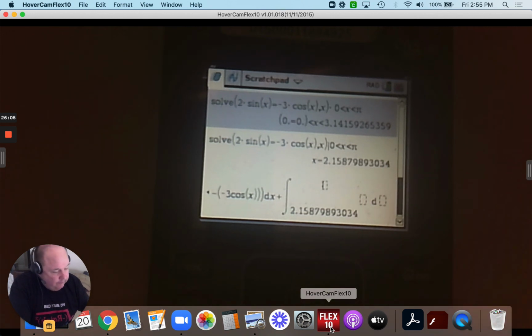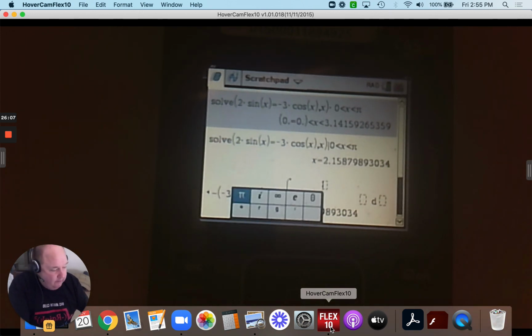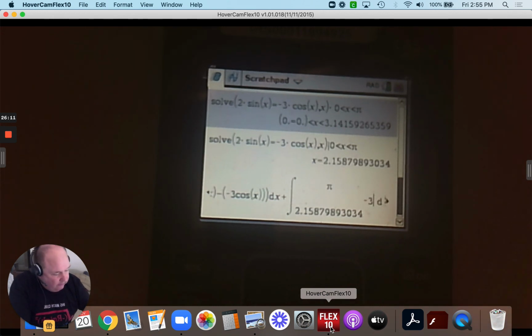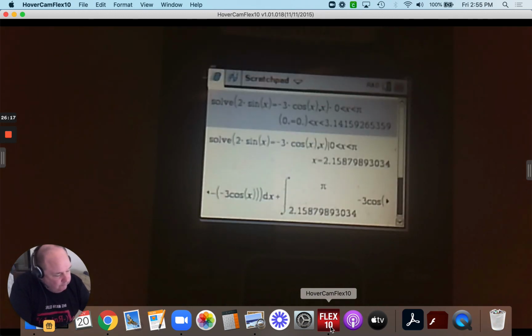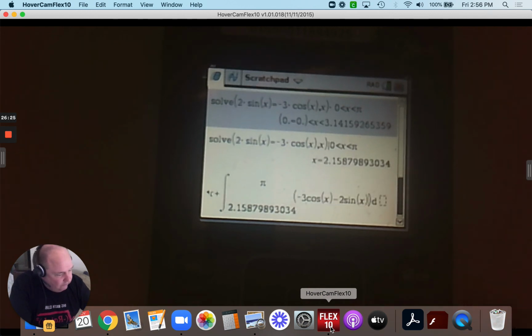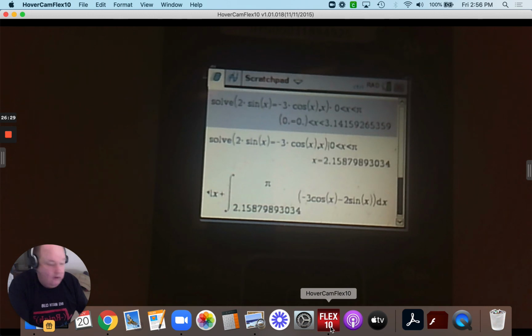There it is, so I can just put pi in. Then it switched, so now it's negative 3 cosine x, move the cursor, subtract 2 sine x, dx. That's all of it. And then go Control Enter.